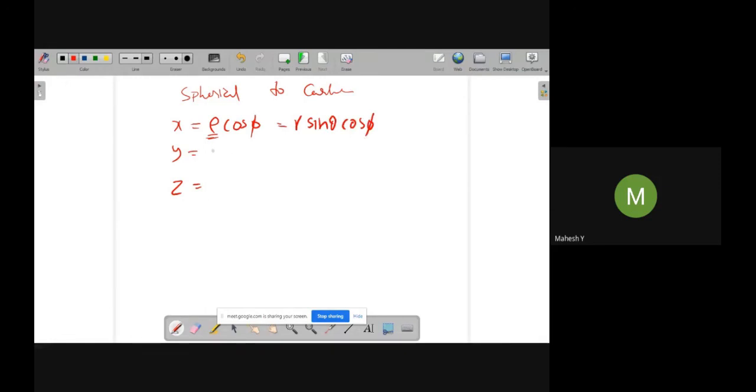So x is r sin theta cos phi. Correct? Can you tell me what is y? Substitute and tell me the value of y. First write it in cylindrical, then whichever is not there in cylindrical should be substituted with the spherical equation.